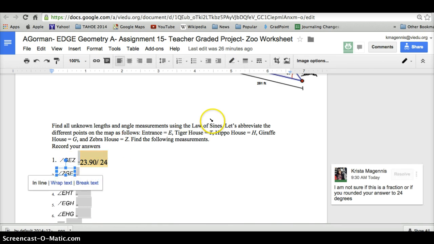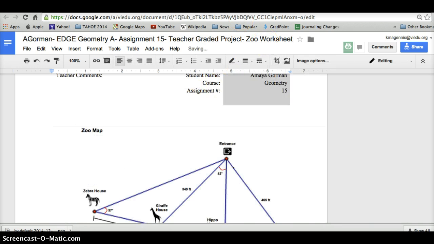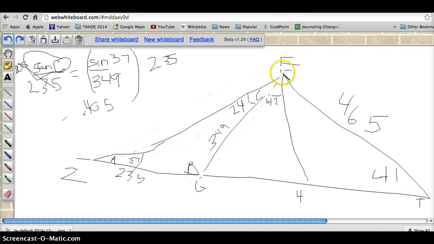Now, the next one, you don't have to do it in this order, but it's easy. If you do ZGE next, because look, I have 37 plus 24 plus some number has to equal 180, because the interior angles of a triangle have to equal 180.